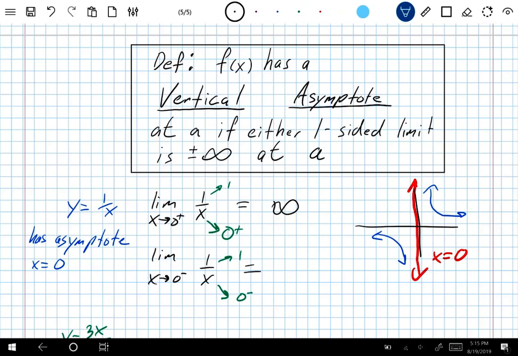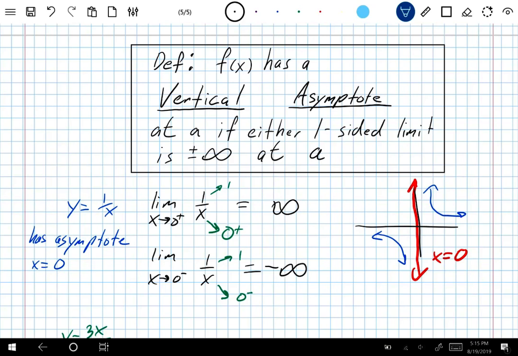Well, if the top is not 0 and the bottom is 0, it's going off to infinity, at least if this is approaching 0. As that denominator gets very small, the whole thing is going to get as big as you like. The only real question is positive or negative. In this case, the top is positive, the bottom is negative. A positive divided by a negative is a negative.